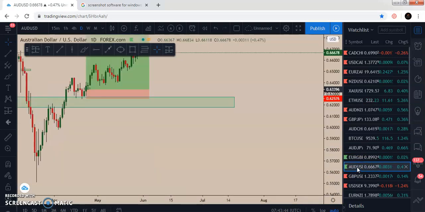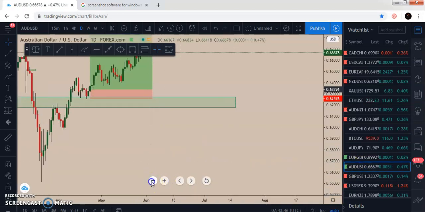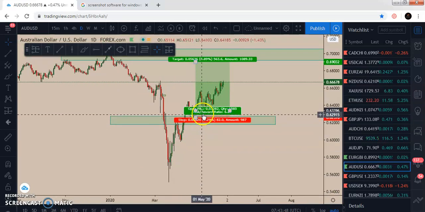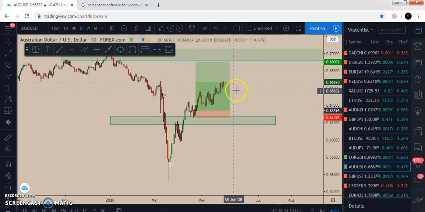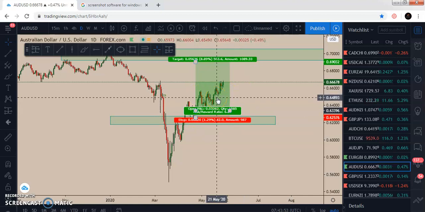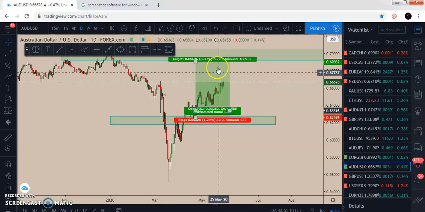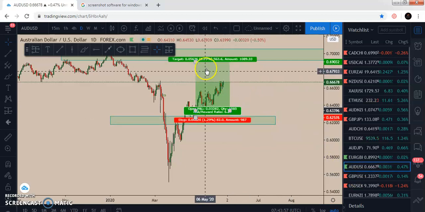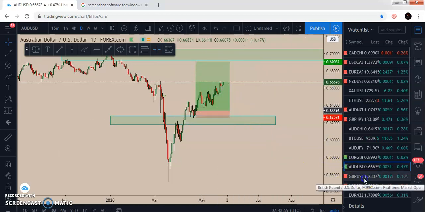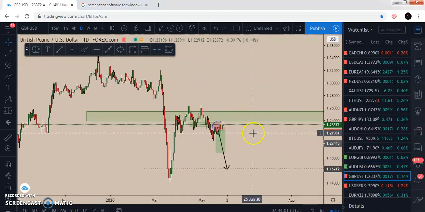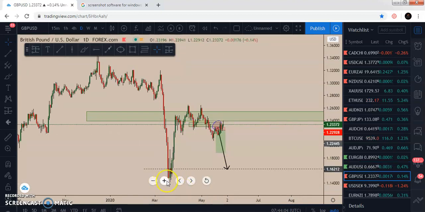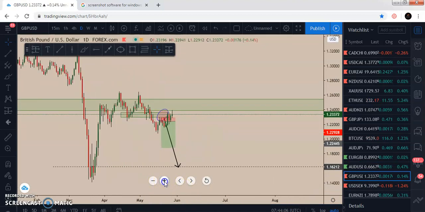Now also we have AUD USD running, and this pair has been running since 3 weeks ago, and this is the moment it starts shooting up for a 1 to 6 risk to reward. We are risk free already, and overall we wait for it to hit our take profit or come back to hit us at break even. Also with this one, we're in this trade as well.